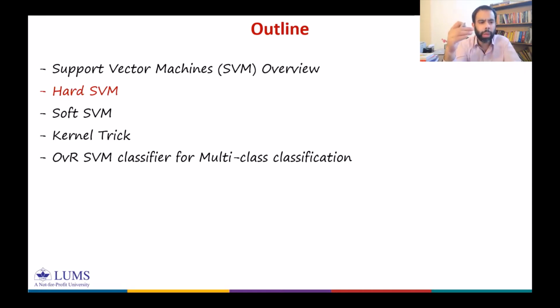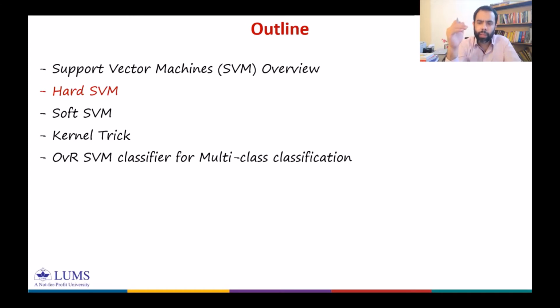And then we talked about soft SVM, that allows us to misclassify some of the points while learning maximum margin classifier. And then we talked about the kernel trick, a very quick overview of the kernel trick.